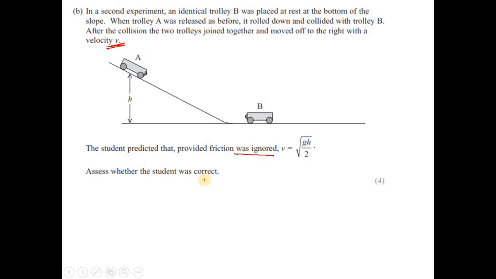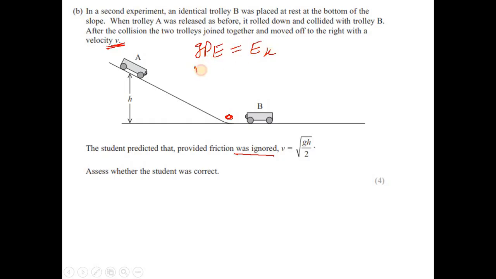Okay, so what is happening? As trolley A is falling down, it is gaining velocity. So when the trolley reaches the bottom, just before the collision, it has some velocity because it was moving. So we need to figure out the velocity of trolley A. As it is falling from height h, GPE is converting into kinetic energy.